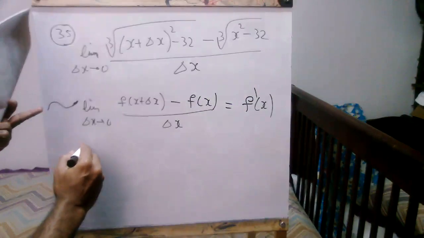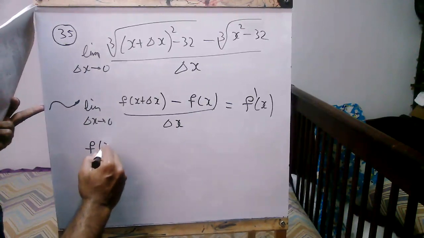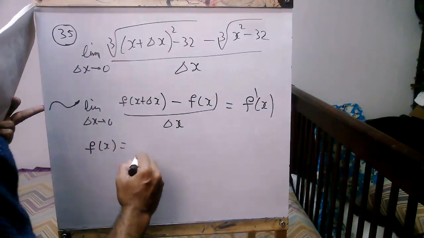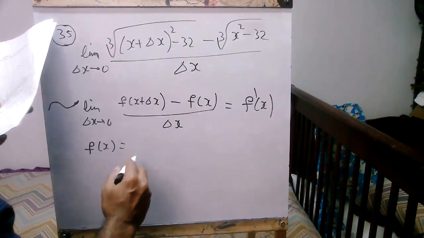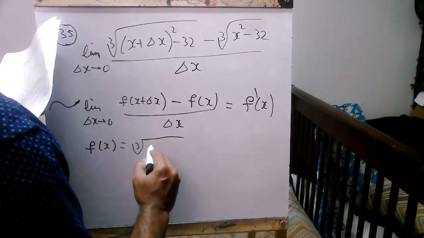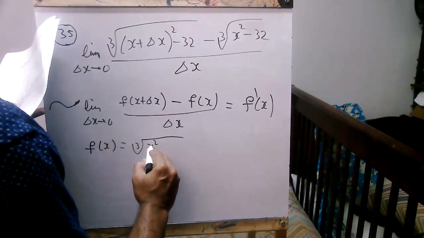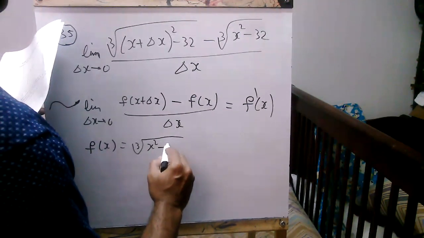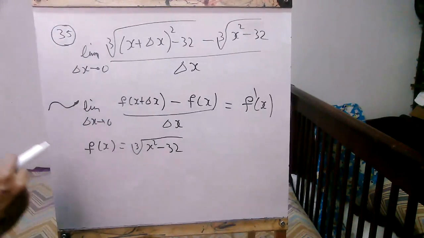Our f(x) is equal to the third root of x squared minus 32.